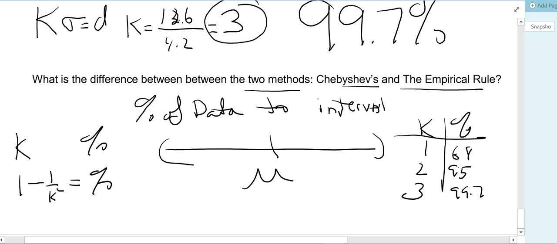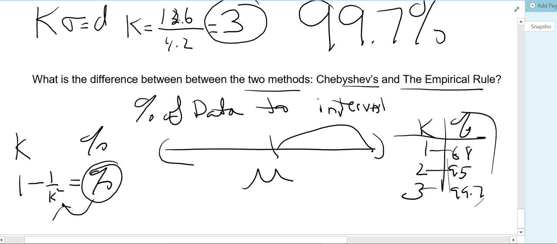But both of them essentially work the problems in similar fashions. If you're given the percentage, you find k from this formula. If you're given a percentage, you find k from the table. And then you get the distance by this relationship, right?